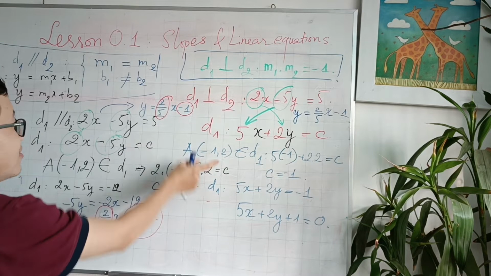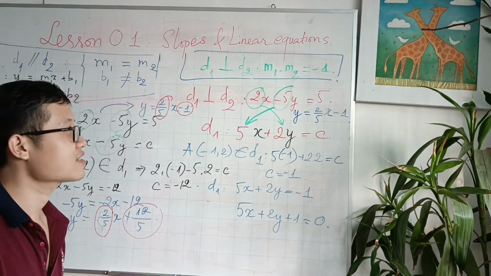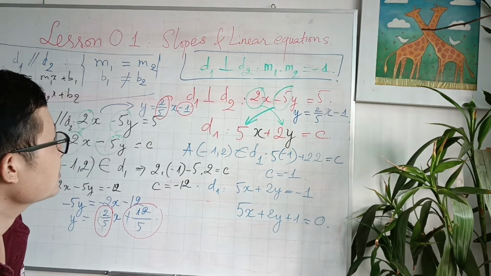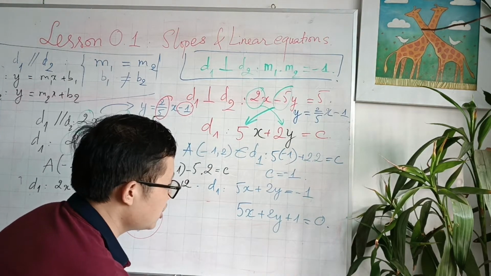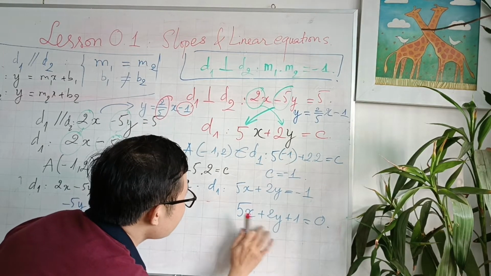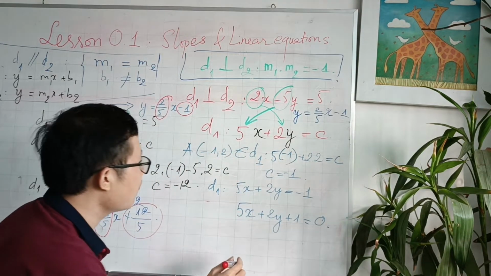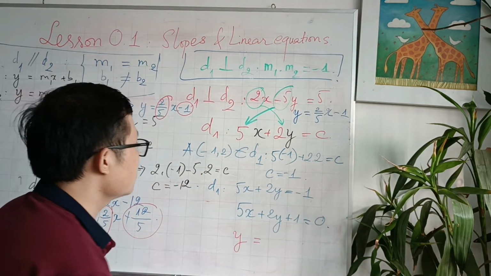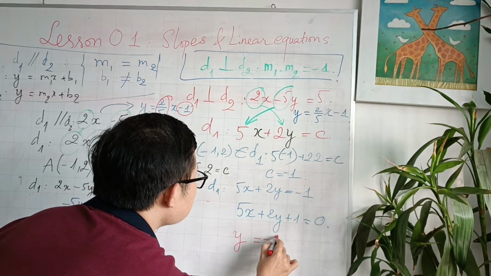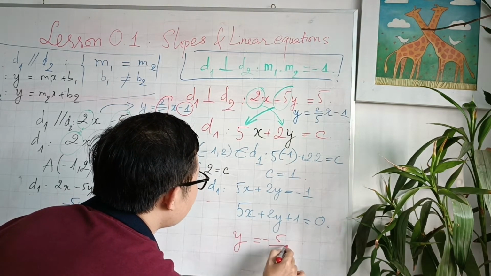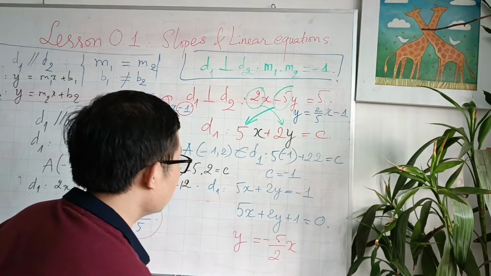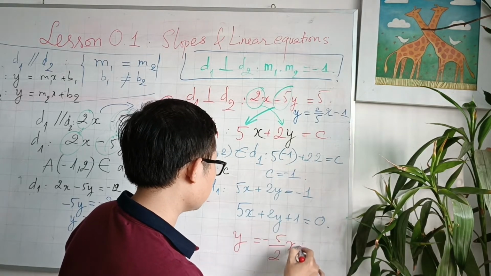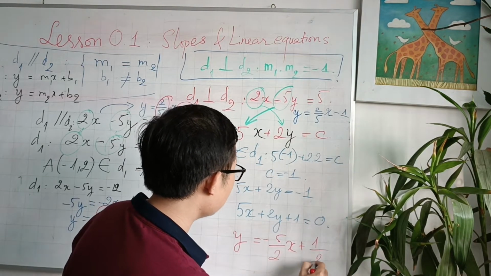It is the same as in the first question. And for D1 perpendicular to D2, when we change the general form to slope-intercept form, we have y equals -5 over 2 x plus 1 over 2.